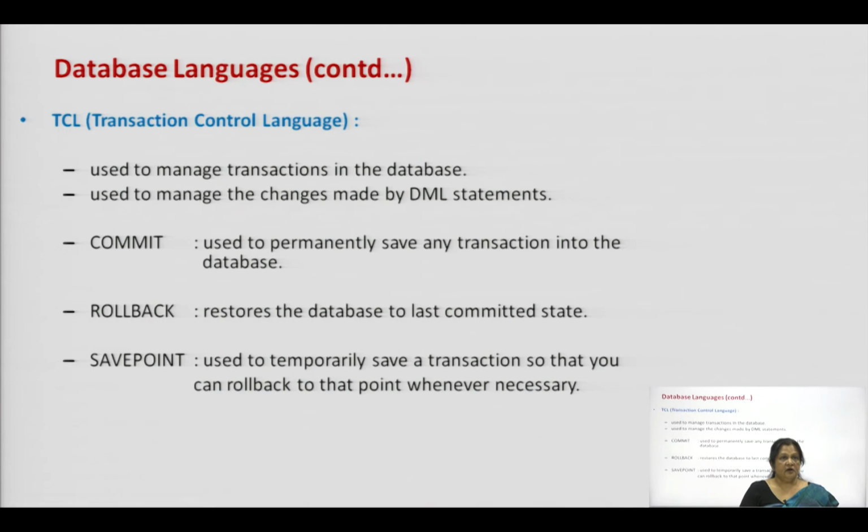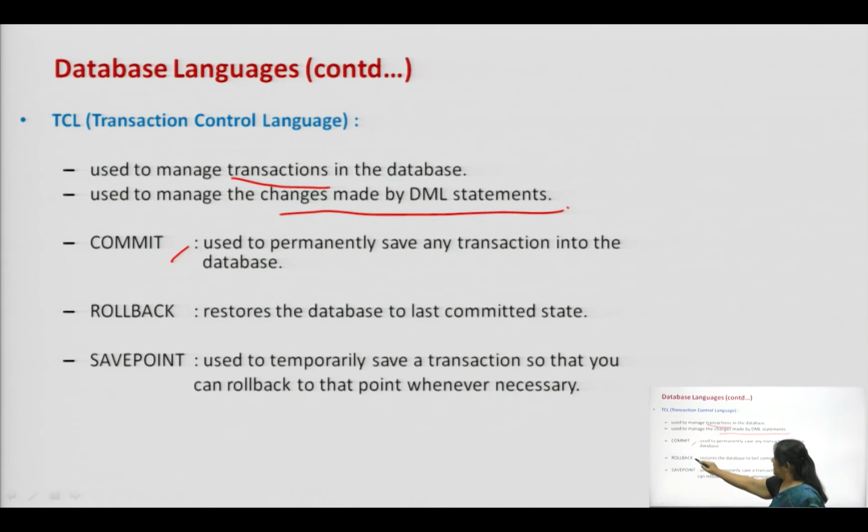The transaction control language is used to manage the transactions in the database. What is a transaction? A transaction is a logical unit of work, consisting of some operations to perform some task, and it is also used to manage the changes which are made by the DML statements.